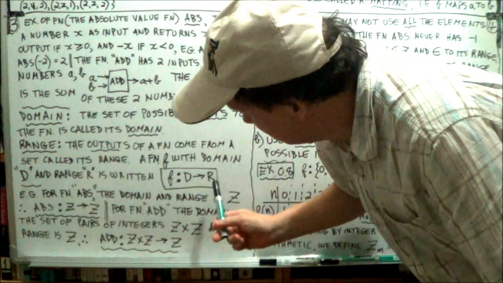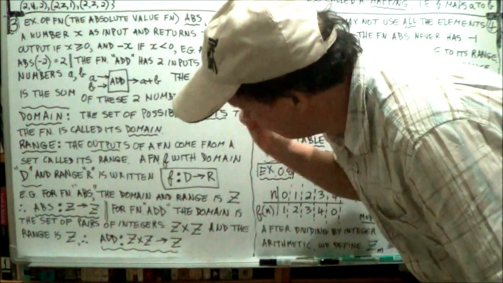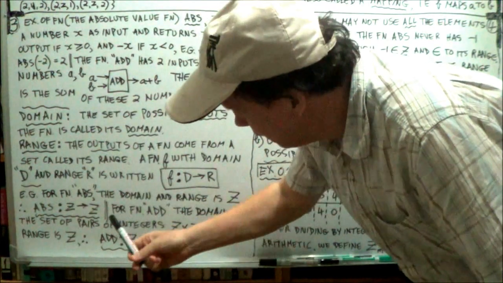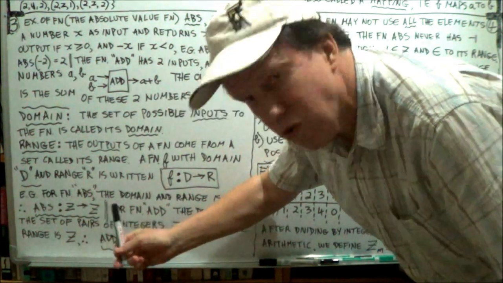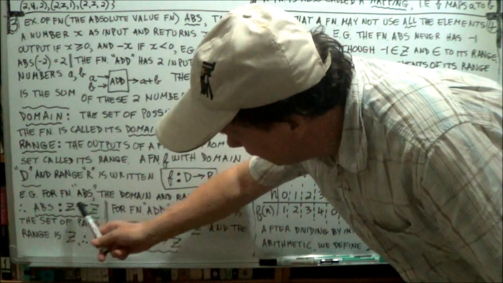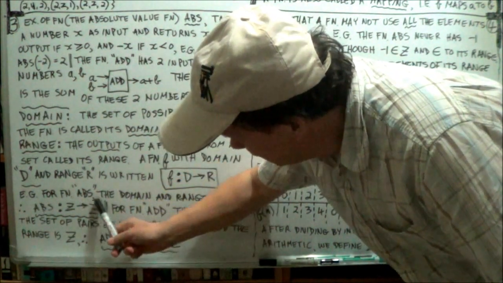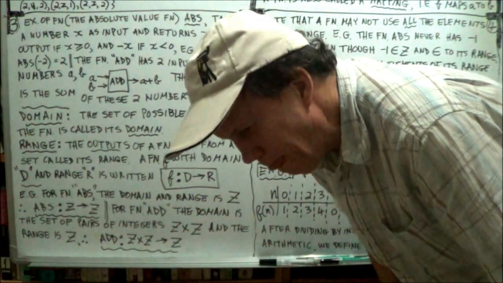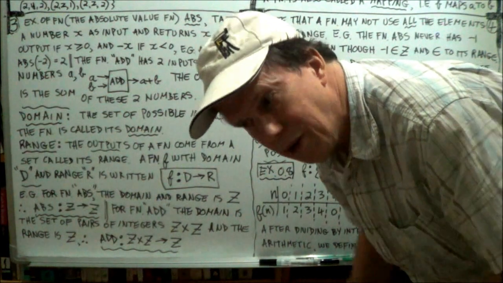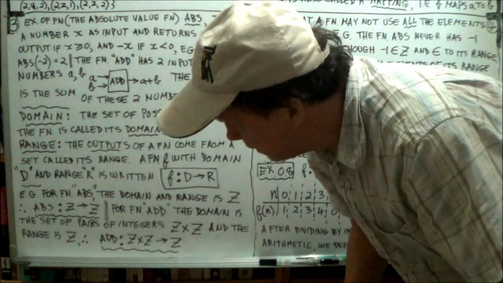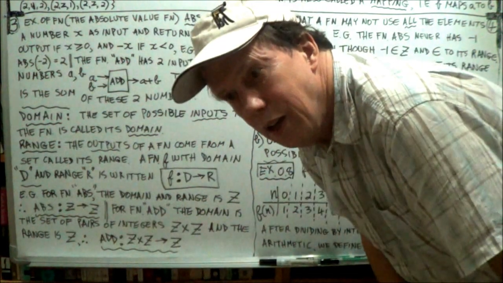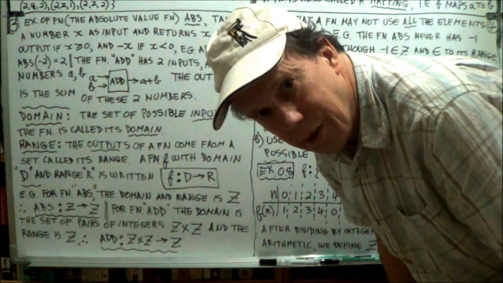Okay, so this note in the second square of this session is a remark, if you like. It's saying that it's possible in a function that some of the elements in your range set never get used by the function.